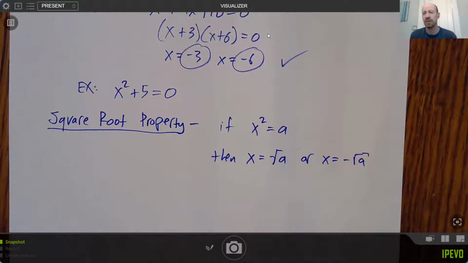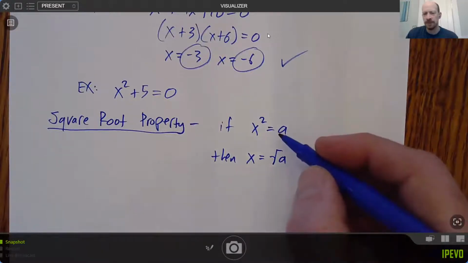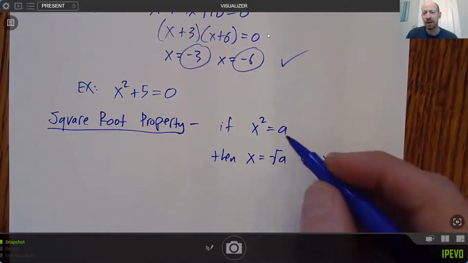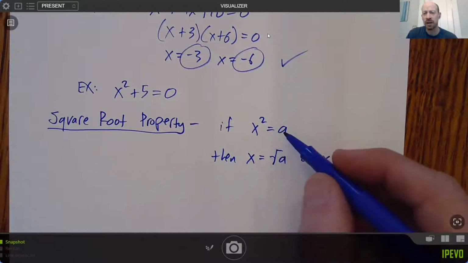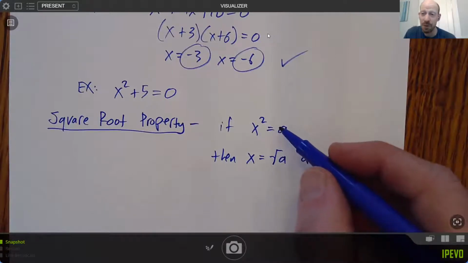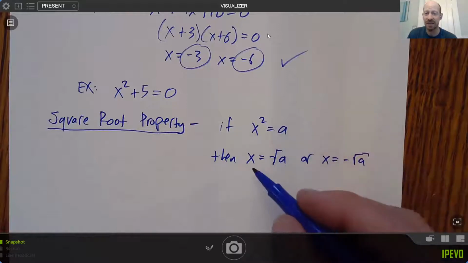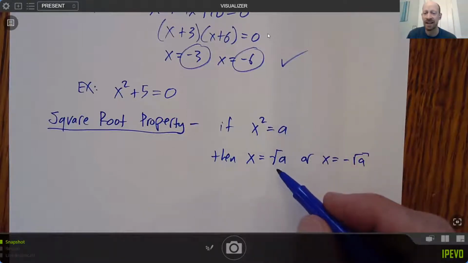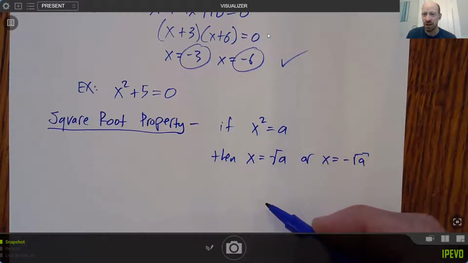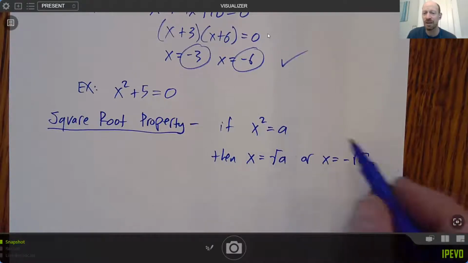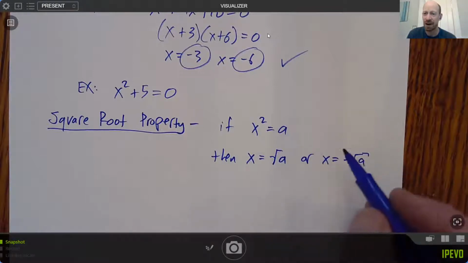There's a little bit of subtlety here in that a lot of students will kind of make the error and say, okay, x squared equals a, I'm going to take the square root of both sides, and that's going to give me x equals the square root of a, and that's going to be my solution. And technically that's not correct, because you would miss this whole other solution, right? Half of the problem.